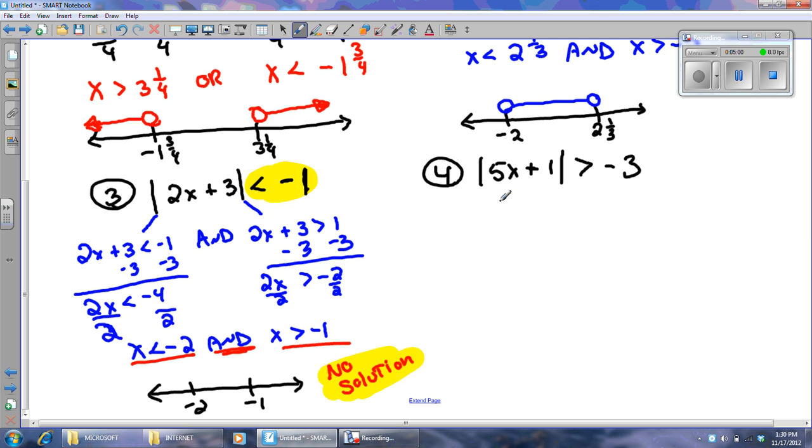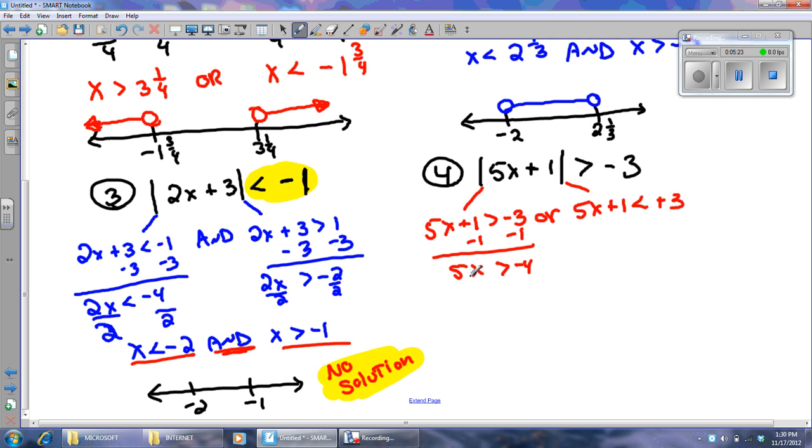All right, so let's check out problem number 4 here. And again, I'll do my little tree root thing, and I'll get 5x plus 1 greater than negative 3. And then I'm going to get 5x plus 1 less than 3, excuse me, positive 3. And that's an or statement. So I'll subtract 1, subtract 1. 5x greater than negative 4.